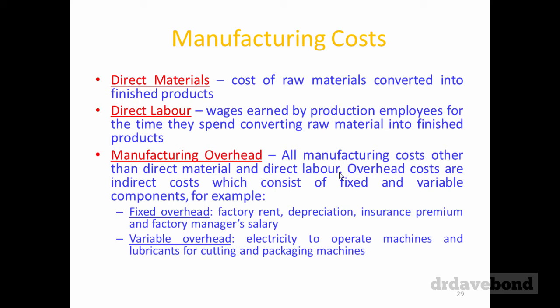Manufacturing overhead is slightly different. Manufacturing overhead, some will be fixed, some will be variable. If we rent the factory where we make these, if we make nothing, we're still paying rent. If we make lots of them and we're using the factory 24 hours a day, we still pay the same amount of rent. So that's a fixed component.